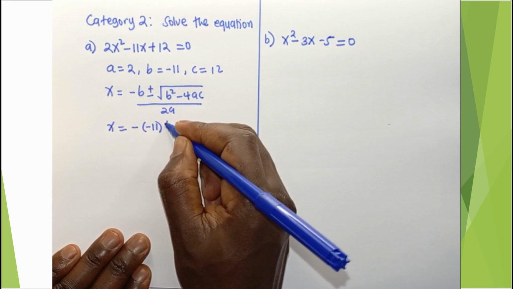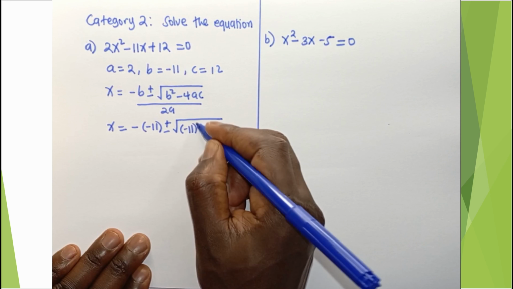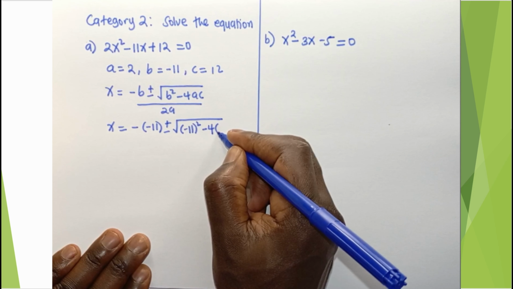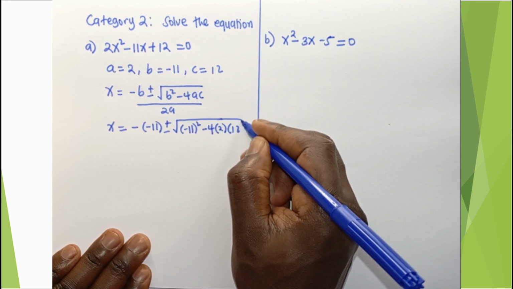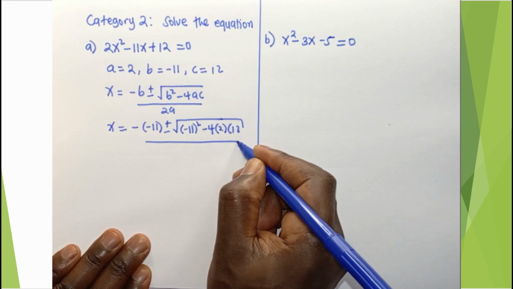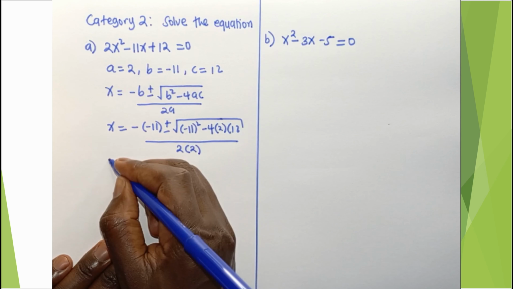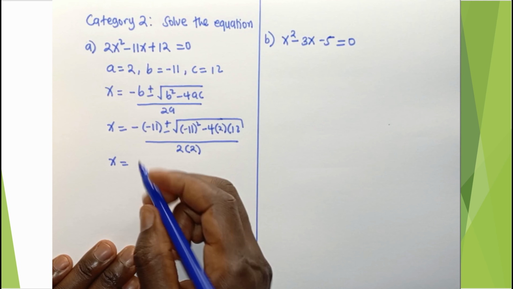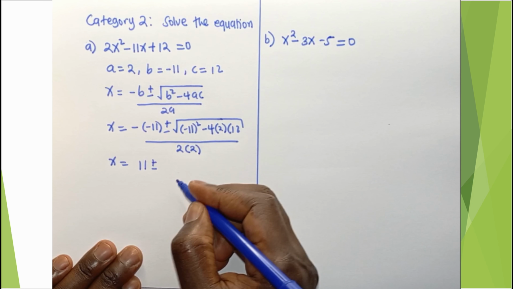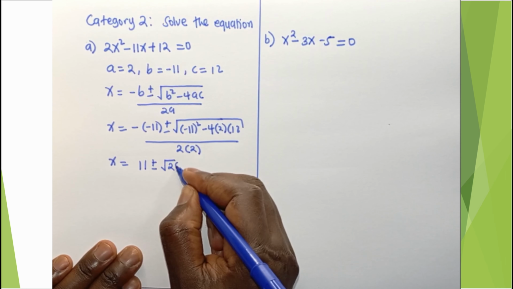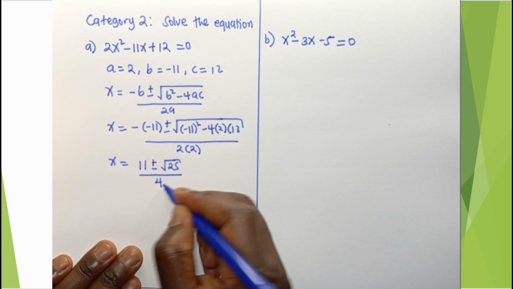So we substitute in, you have x as negative into negative 11 plus or minus the square root of negative 11 squared minus 4 into 2 into 12, now over 2 into 2. So simplifying, we have x equal to 11 plus or minus the square root of, when you simplify what is inside there, we have root of 25, all over 4.